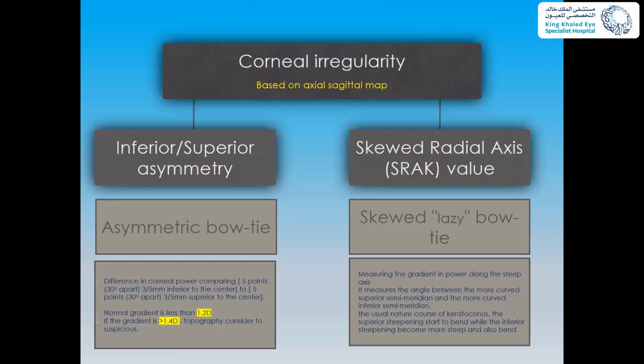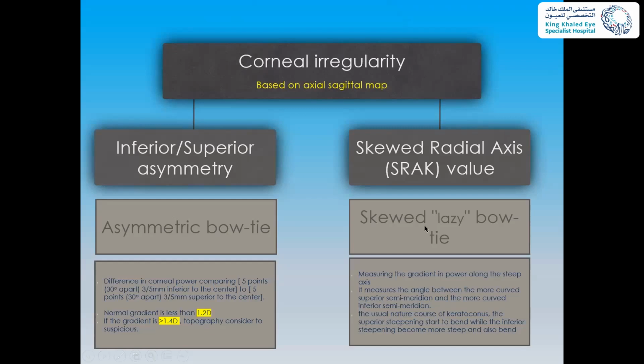So ideally there should be less than 1.2 asymmetry between the keratometries at 3 to 5 millimeter, 5 millimeter superior to inferior. Anything more than 1.2 is suspicious. Anything more than 1.5 can be abnormal.